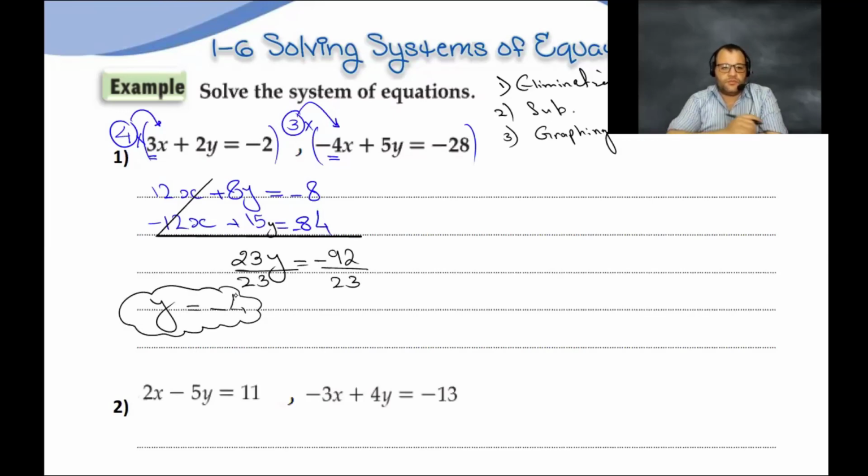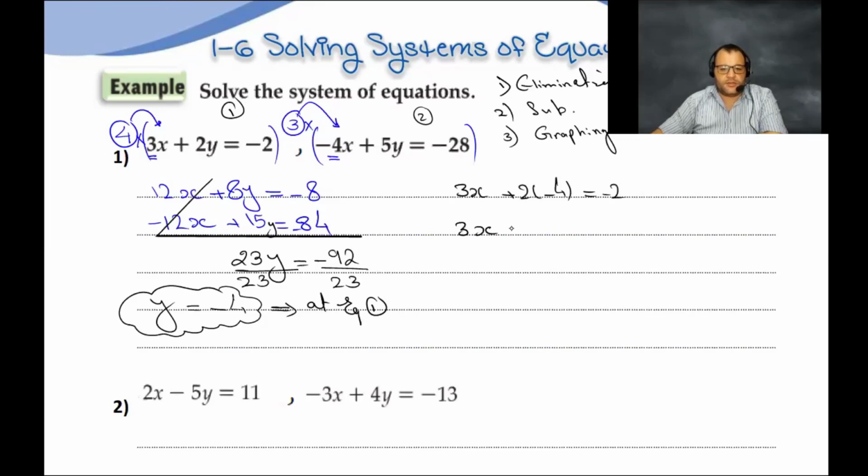Now, at one of the two equations, by substitution, suppose that's equation number 1 or equation number 2. So we can say that 3x plus 2 times -4 equals -2.